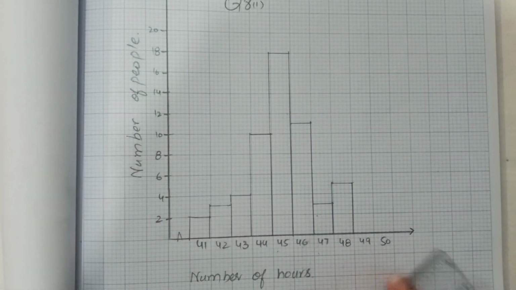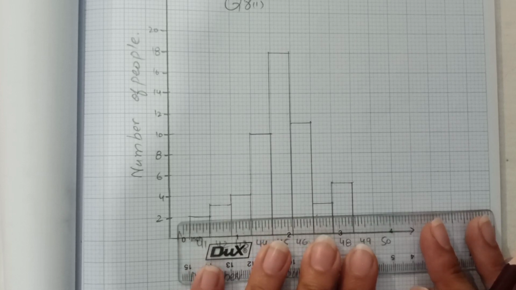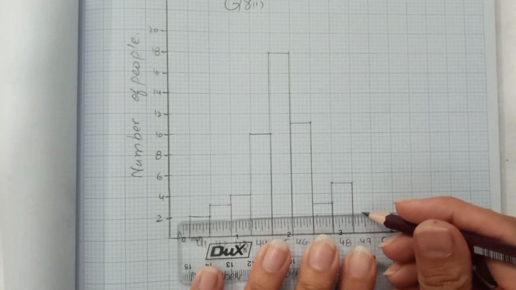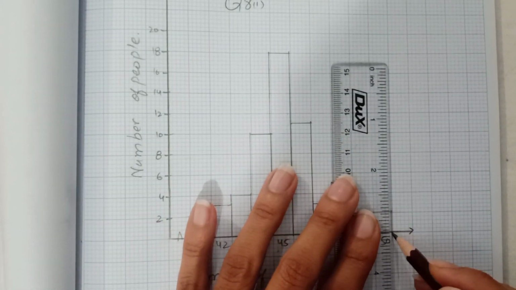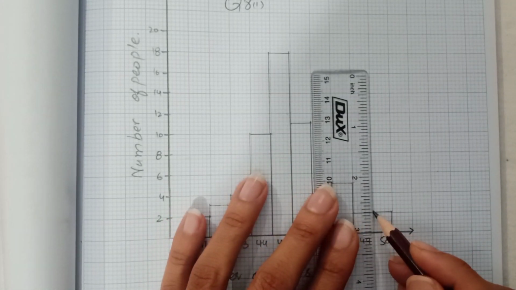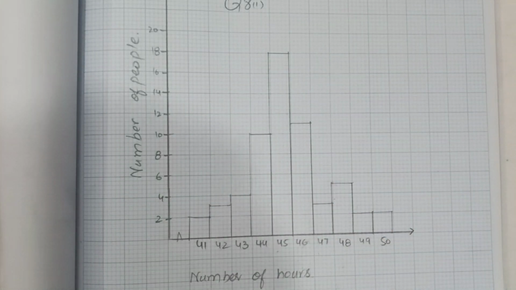And 49, the value is 2. And 50 is also 2. Very simple. We draw the histogram for the data which is provided in this question.